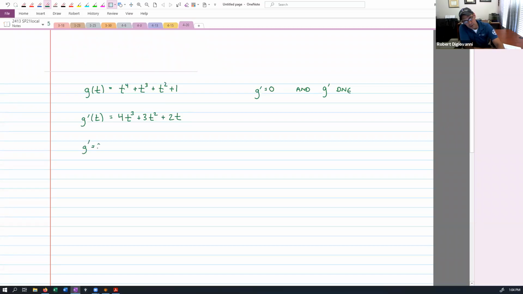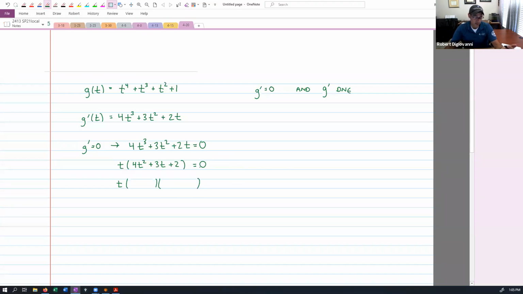When we set it to 0, we have to realize that we can factor this. We can factor a t out. And then the next thing we do is try to factor this, because this is a quadratic. Let's see if it factors.